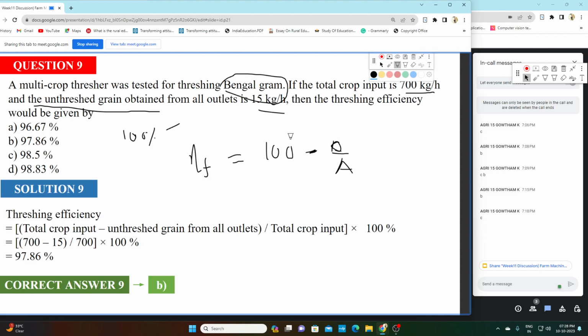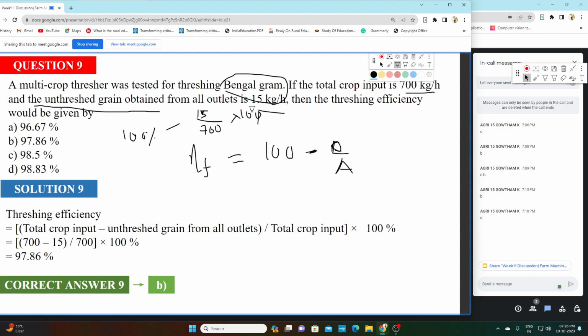So what is D by A? D is 15 kg, and the total is 700. 15 by 700 into 100.